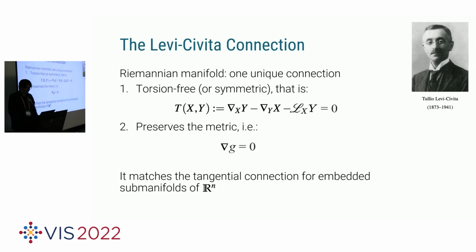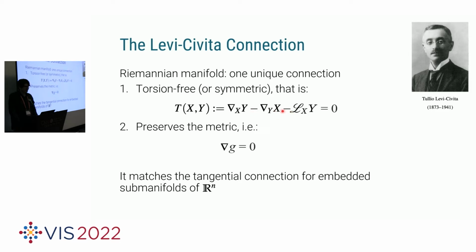Here we have a definition of what the torsion is. Torsion is for any two vector fields basically. So I have two vector fields x and y, and I can now evaluate the torsion that's defined as this here, which is the covariant derivative of the one vector field in the direction of the other one minus the exact opposite.